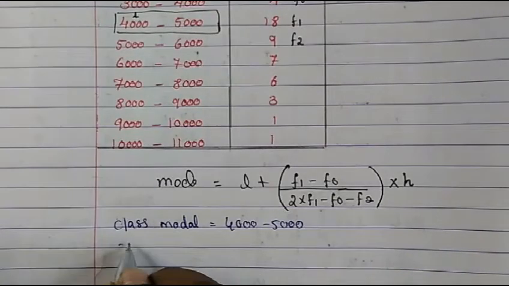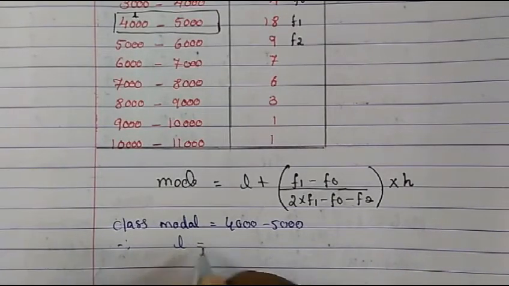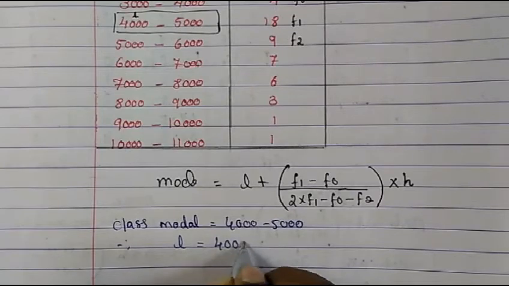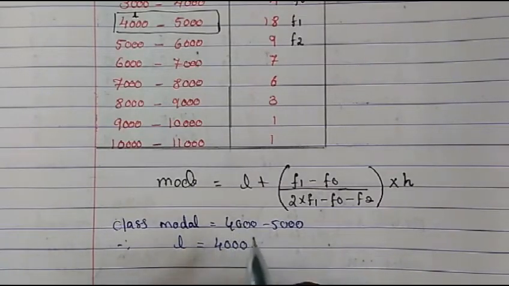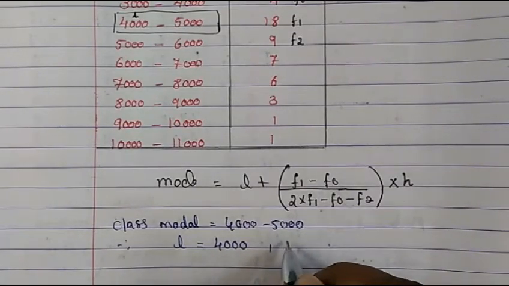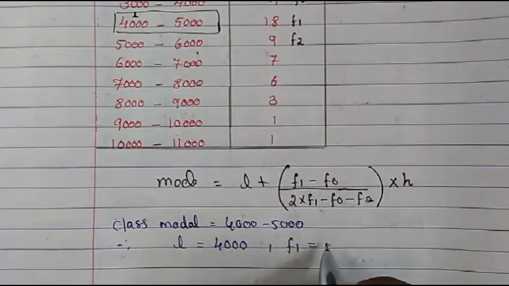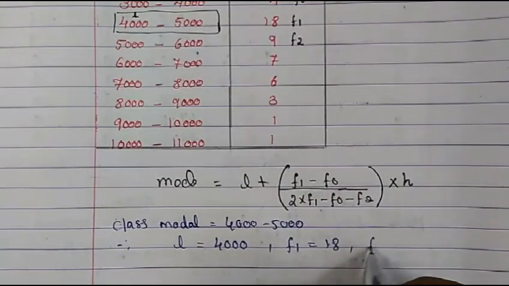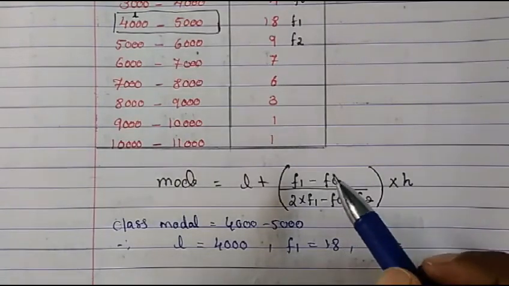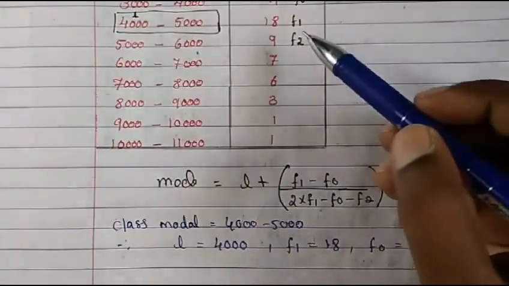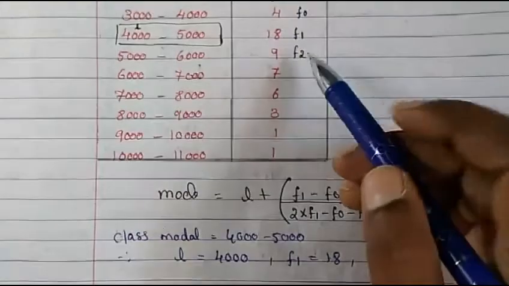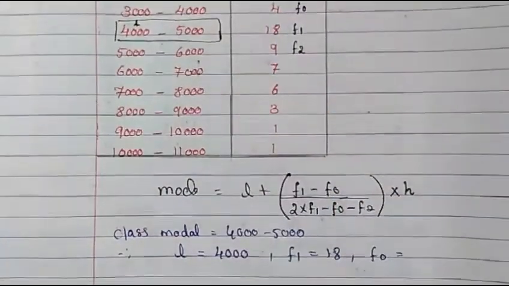Therefore lower limit L value will be 4000. Then F1 is the highest frequency, that is 18. Then F0 is preceding the highest frequency of the modal class, that is 4.